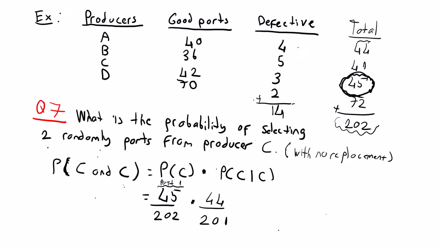So we're going to be dealing with 44 units instead of 45. So 45 divided by the total number of units, which is also 1 less because we already picked up 1 item and kept it out of the box. So 44 divided by 201 will give us the second portion. So this is for part 2. And when you do this calculation, the total should turn out to be about 4.8%.